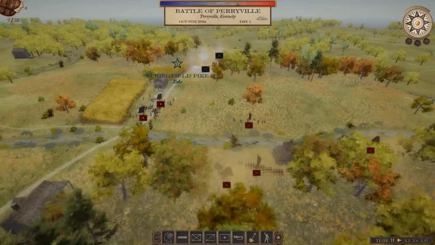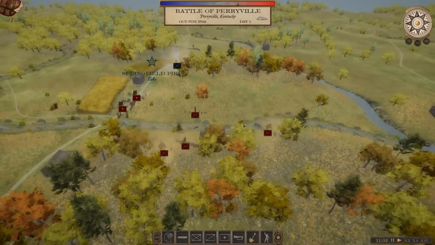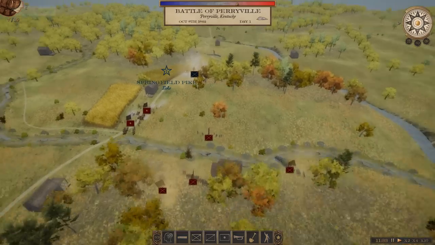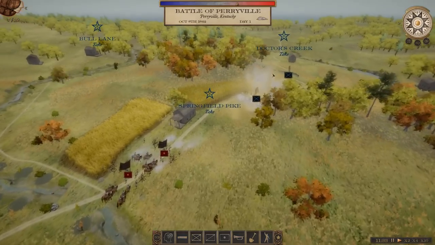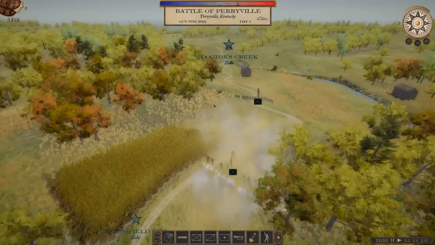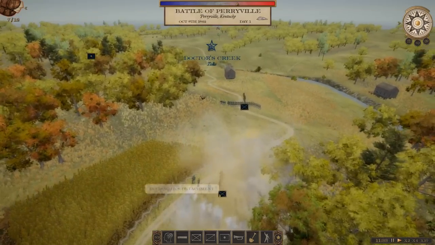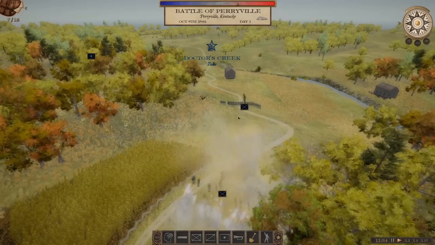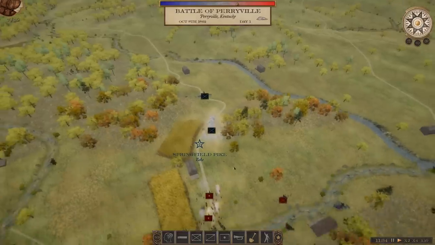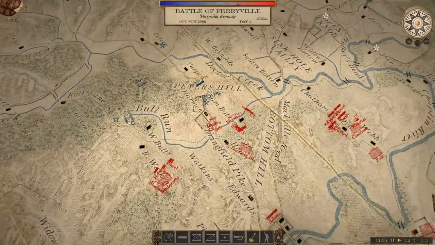So he's deploying on this side of the creek, deploying skirmish line and trying to stop the enemy onslaught via a Springfield pike. And what we have seen here is there's a screen of skirmishers and at least one infantry brigade, and we have our artillery already opening up.